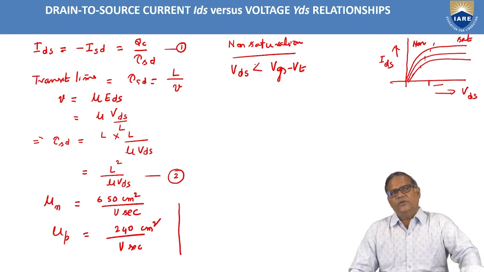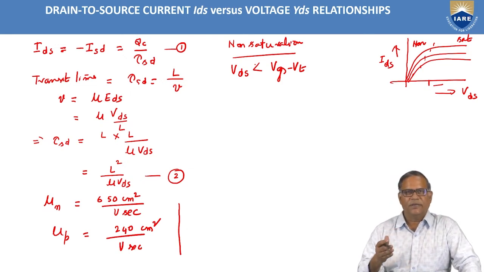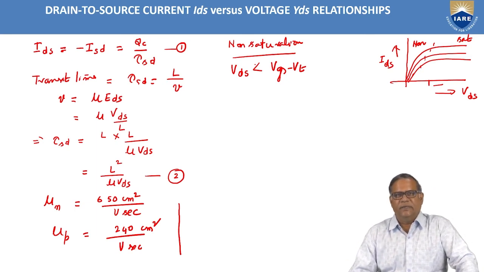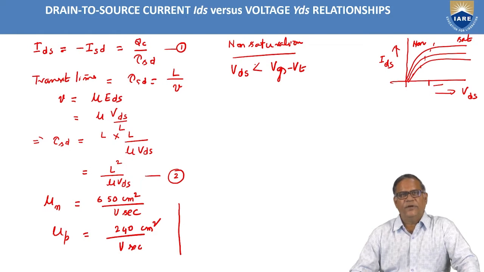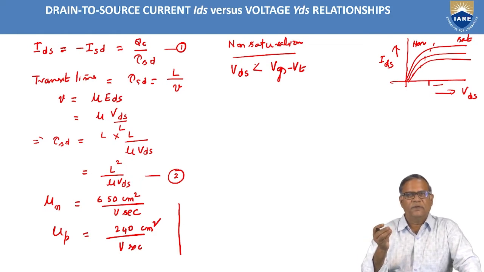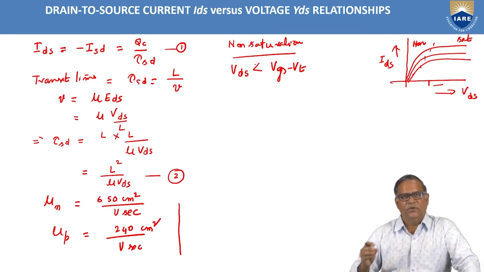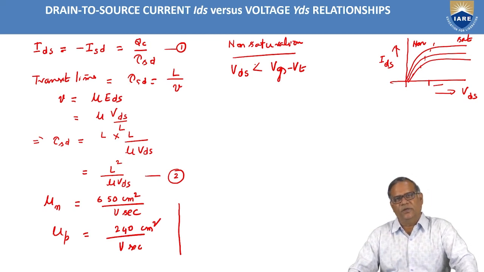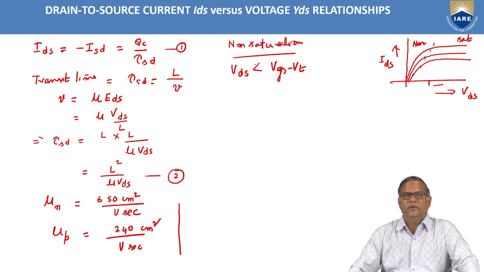So when you apply a voltage to the gate, it induces charge carriers in the channel and the channel inversion takes place. So what is the effective gate voltage? For small values of gate voltage, the MOSFET is not turned on. So you have to apply a certain minimum voltage so that the MOSFET is turned on. So the minimum voltage to turn on the N MOSFET is called the threshold voltage.